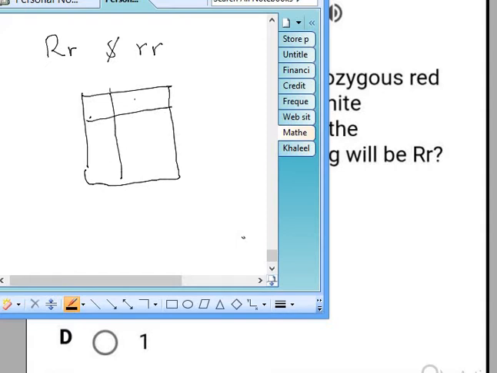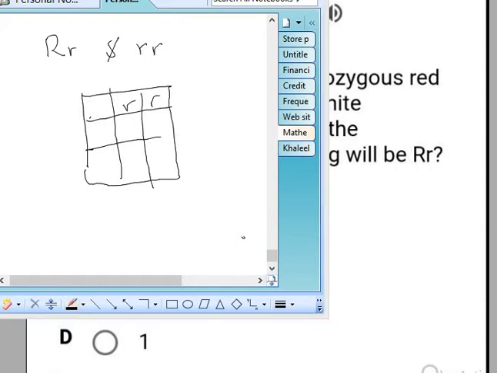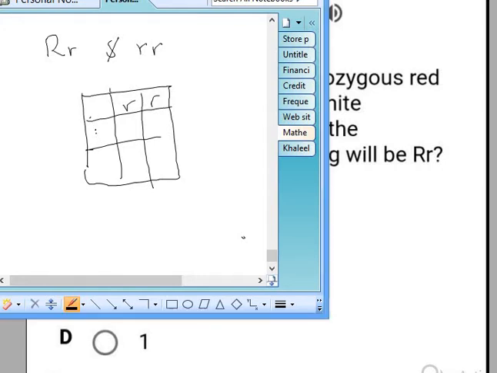For the vertical we have capital R, small r. For the horizontal we have small r.